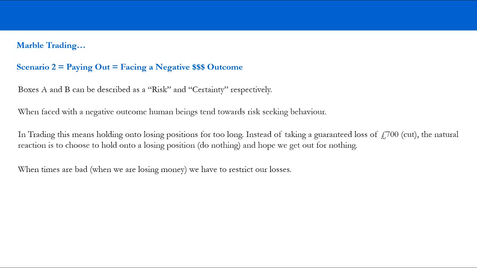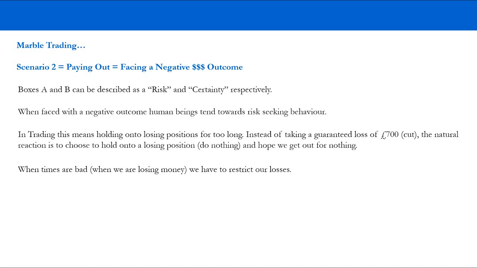Because if you think about this, we've looked at this as a one-shot scenario in both scenarios of getting paid and paying out. But what if you did this exercise over an infinite amount of trades? Well, if you're getting paid, so you have winning positions, and every time you have a winning position, you pull from box B and you limit your upside on the winning position.